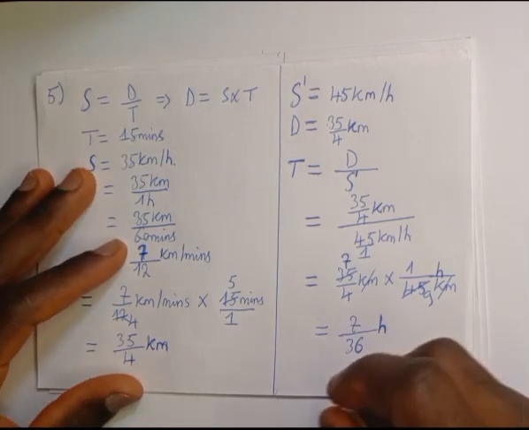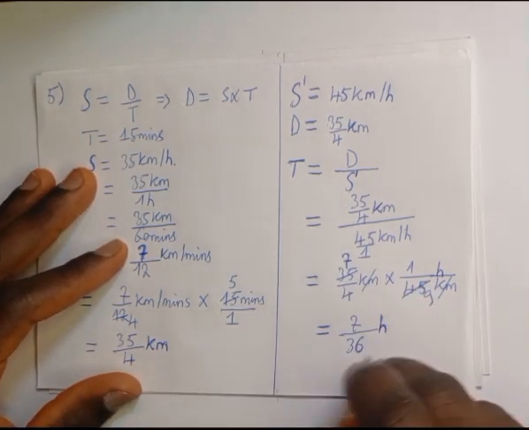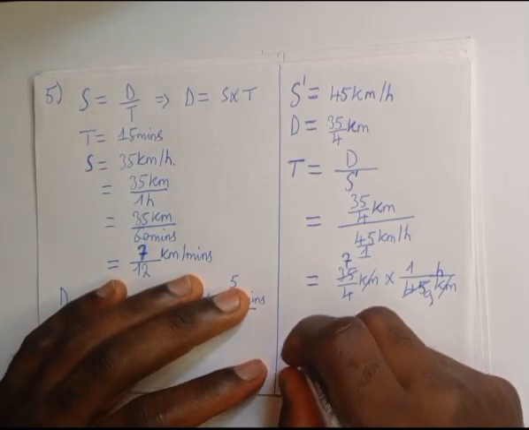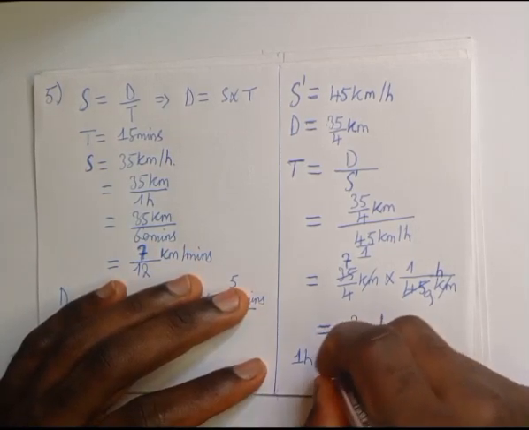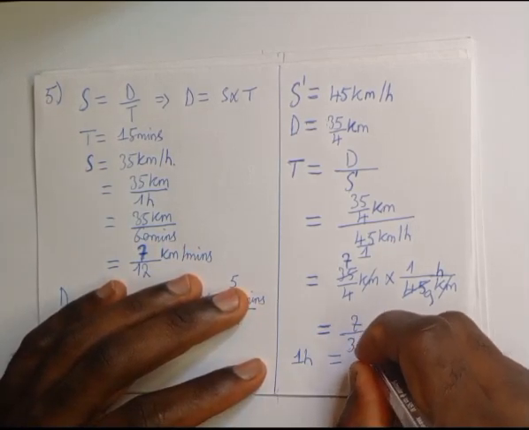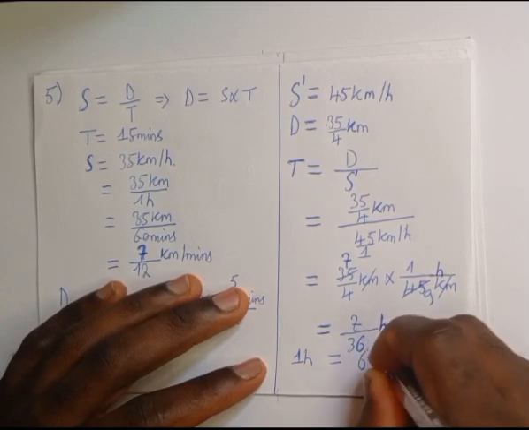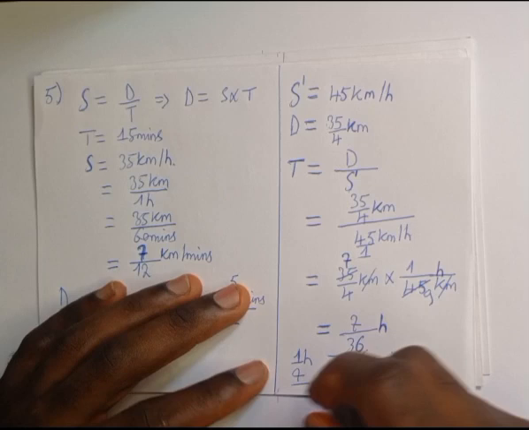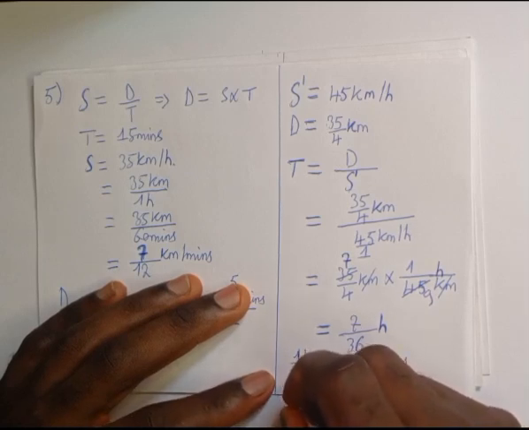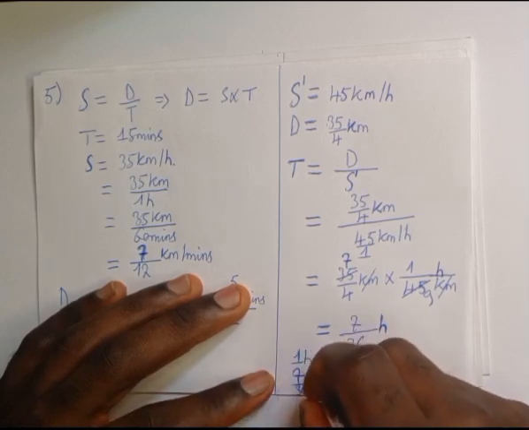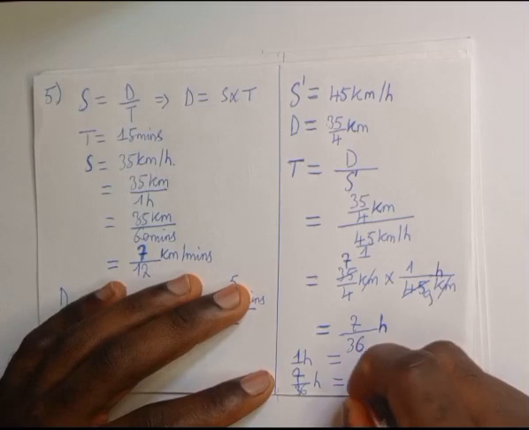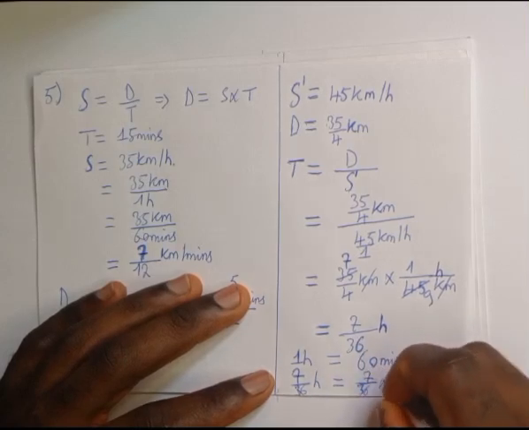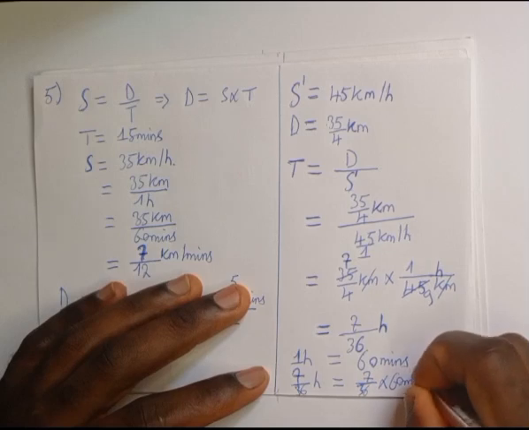This time in minutes will simply be equal to, 1 hour is equal to 60 minutes. Then if you take 7/36 hours, this will simply be equal to 7/36 times 60 minutes.